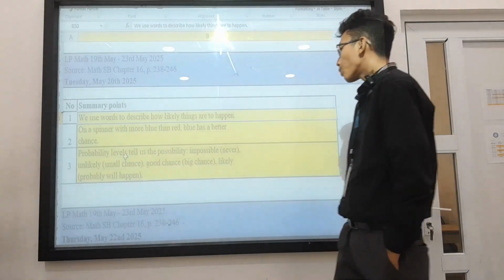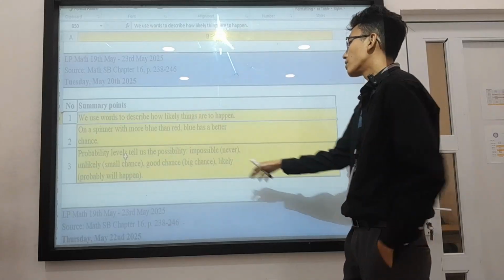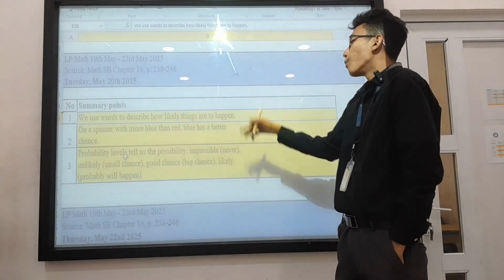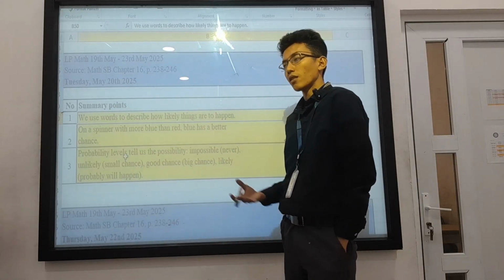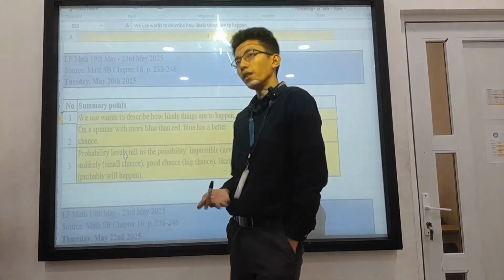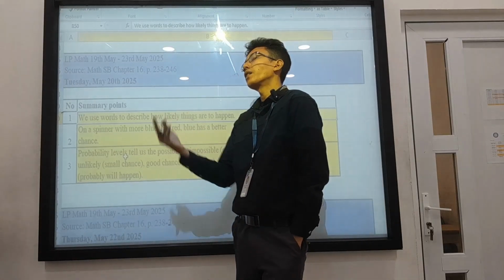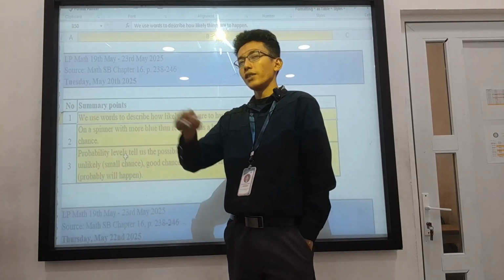Likely means it will probably happen. It is kind of the same as a good chance. That means it will probably happen, it has a big chance or is mostly going to happen. The example is when you are expecting rain tomorrow, when this is the rainy season.